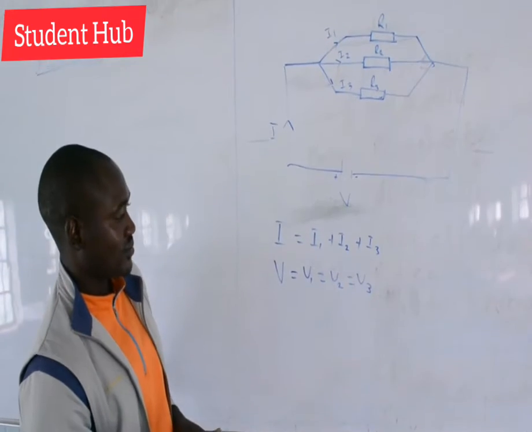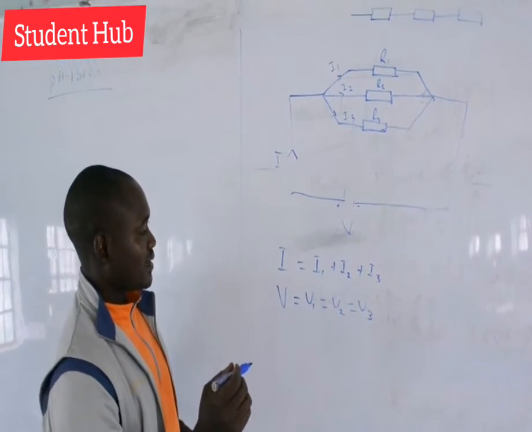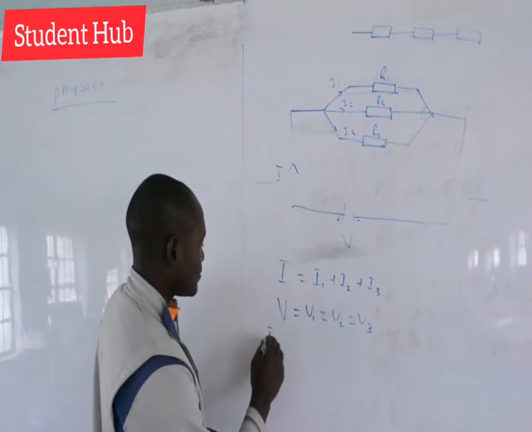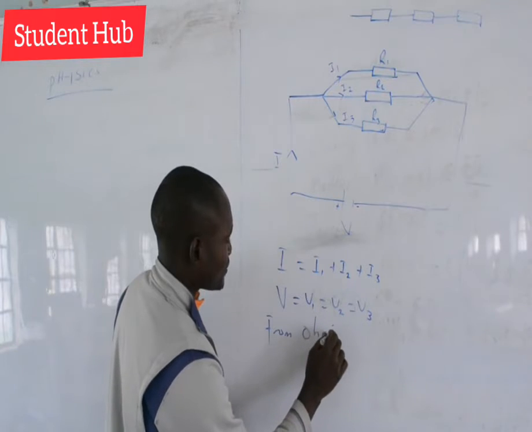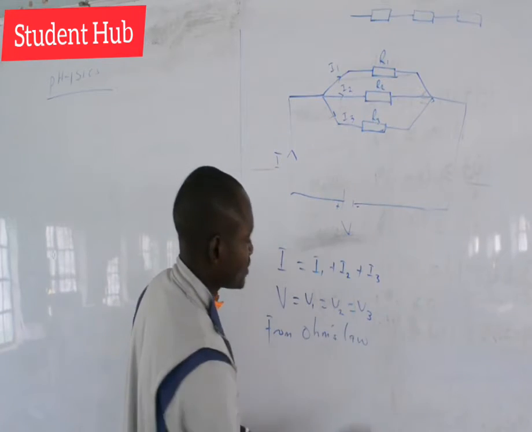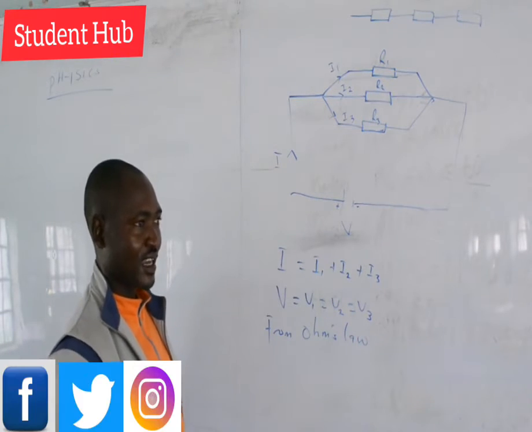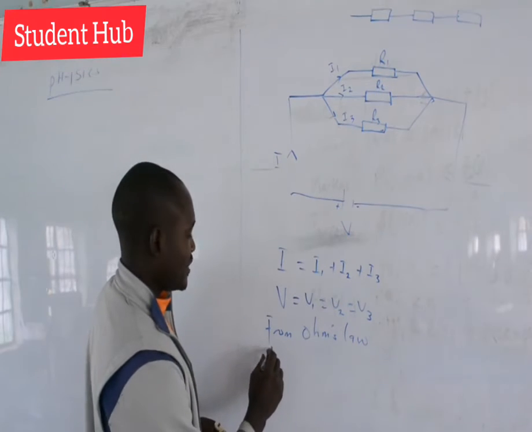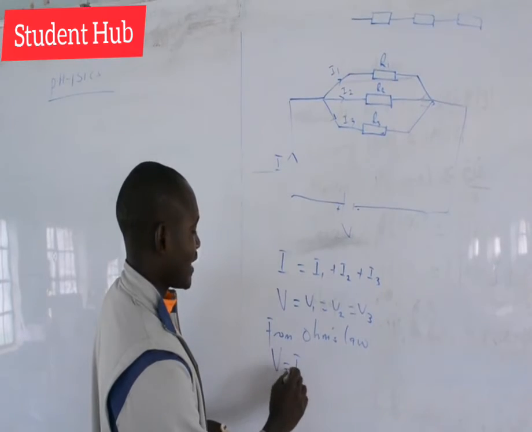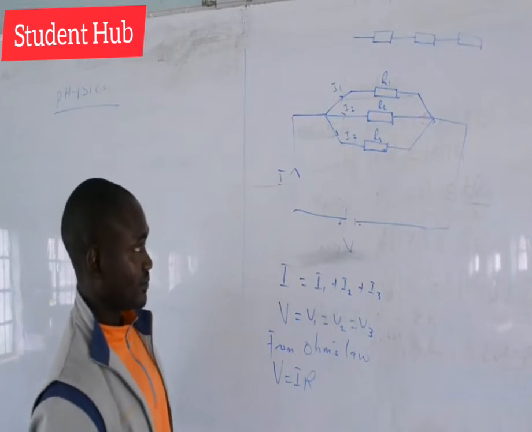So now, from Ohm's law, which very soon we will state and see better, we say that V is equal to IR.